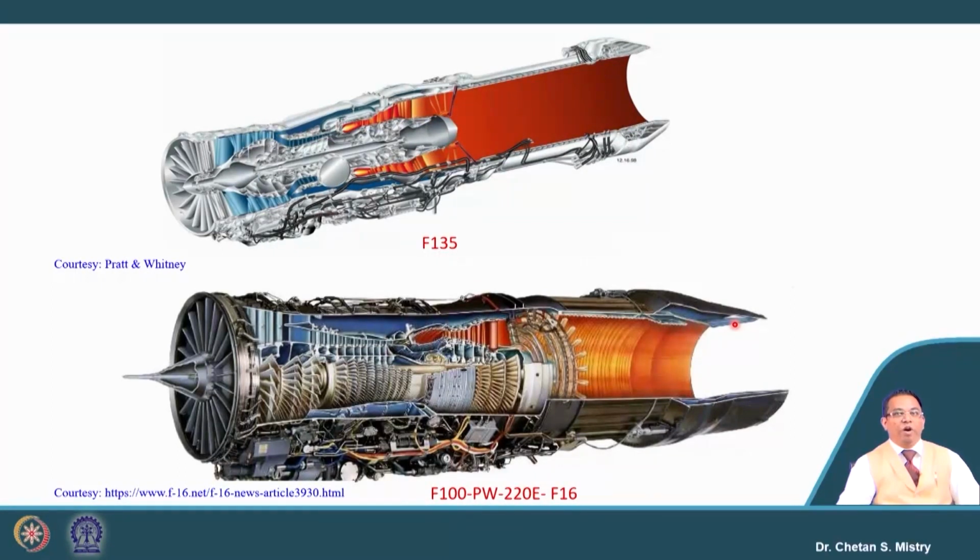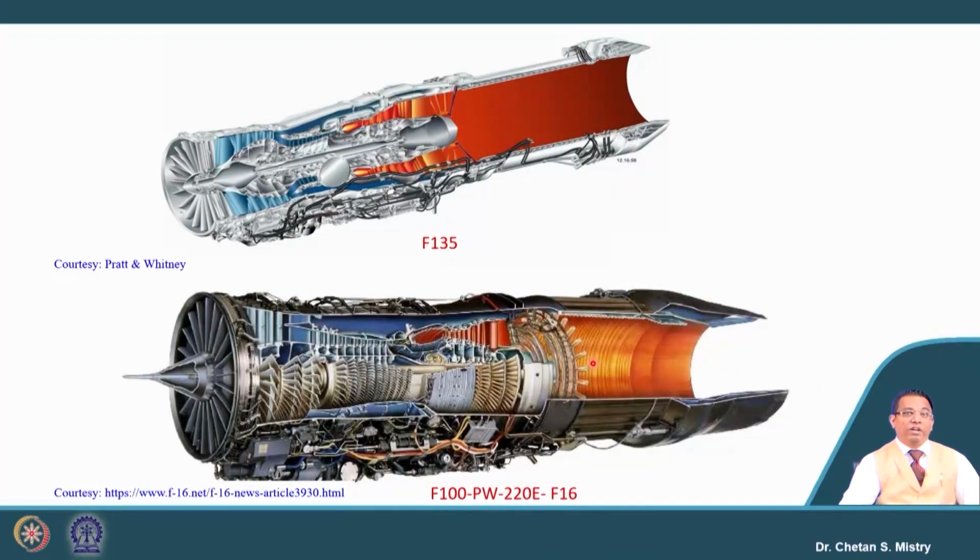So, as per the requirement, you can understand we are adding a lot of fuel here, that is the reason why the mass flow rate coming out from the nozzle will be large, and in order to handle that large mass flow rate, your area requirement also will be large.